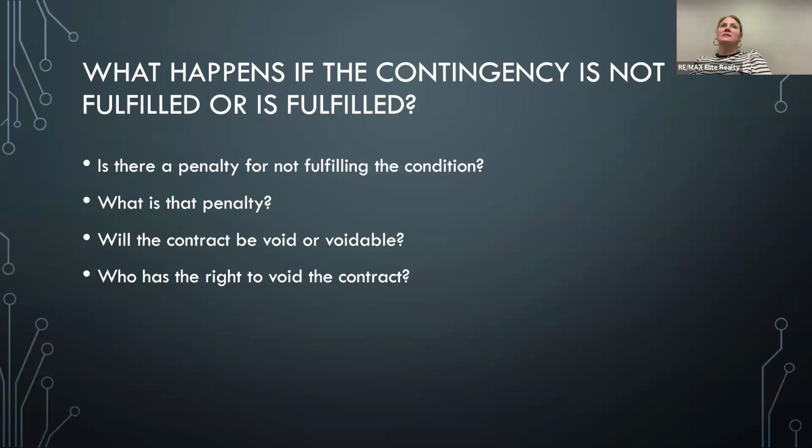The seller can say, I'm not going to obligate myself to any more terms of the contract by fixing things, but the buyer is the one that actually has the right to say, this contract is void because we can't come to terms. In our old contract, it was a little bit different. In this new one that we use now, it's in the buyer's hands.